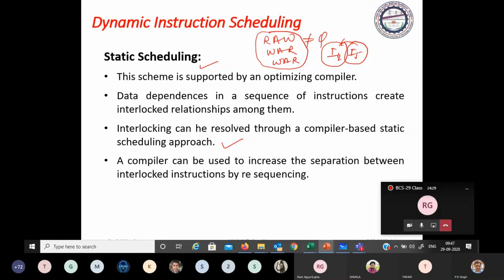So this is done by the compiler. But if we do this through the compiler, suppose there are several units, just consider the case of the P6 microarchitecture. In the P6 microarchitecture, we have 5 functional units at each core.